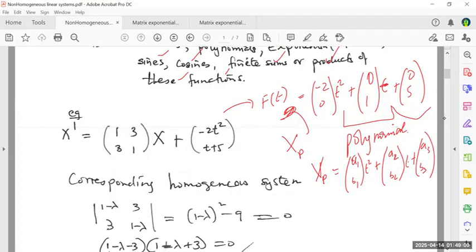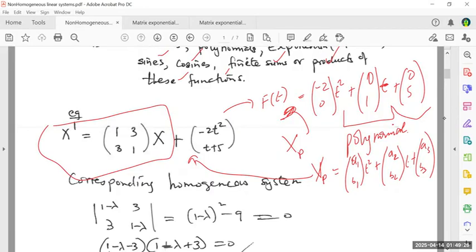And then plug this back into the system and find the values of A1, B1, A2, B2, A3, B3. After that, you would have found the particular solution. Remember, you would have solved for the homogeneous solution as well. So you still have to do the same thing.